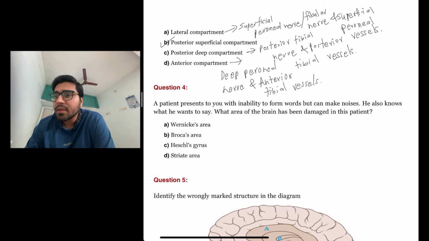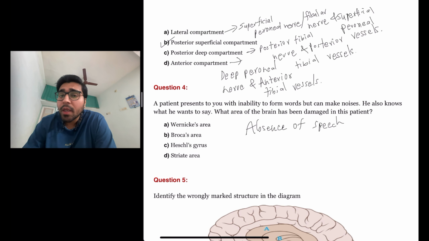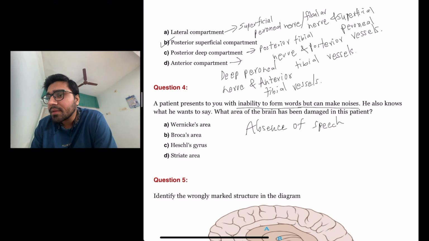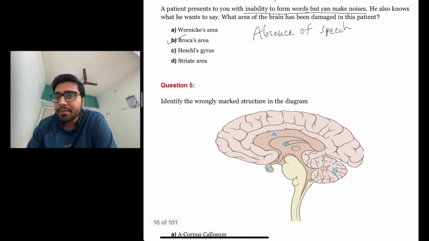So the patient has absence of speech. According to this question, because there is inability to form words but can make noises, the Broca's area of speech is likely to be affected in this patient. The answer is B.